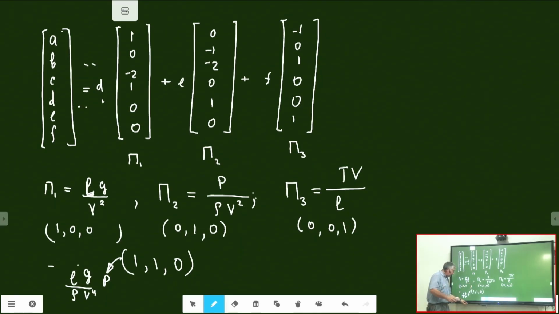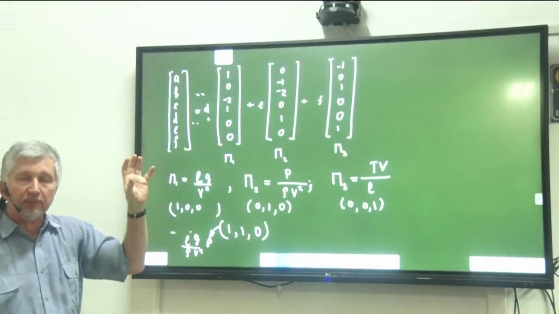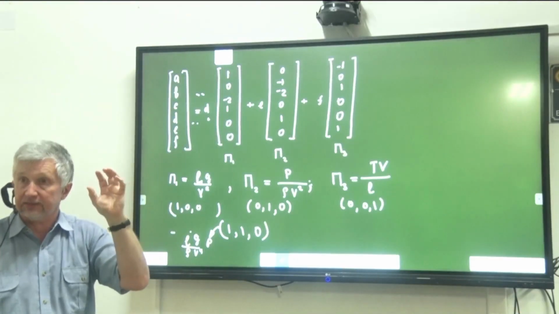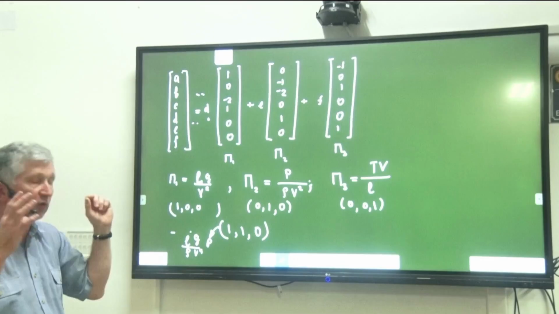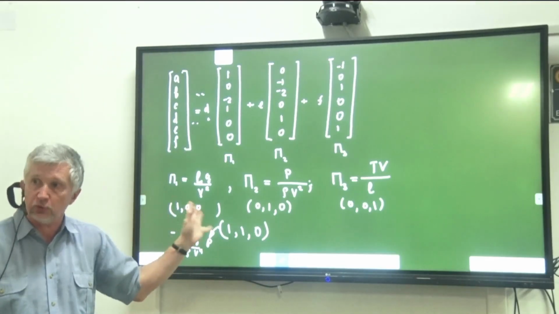So we concluded that we can only have 3 independent groups here, parametric groups. Therefore, the parametric dependence is on 3 groups, not on the initial physical 6. That is important. So we reduced the dimensionality of our problem quite significantly, by 50%, just by doing that.